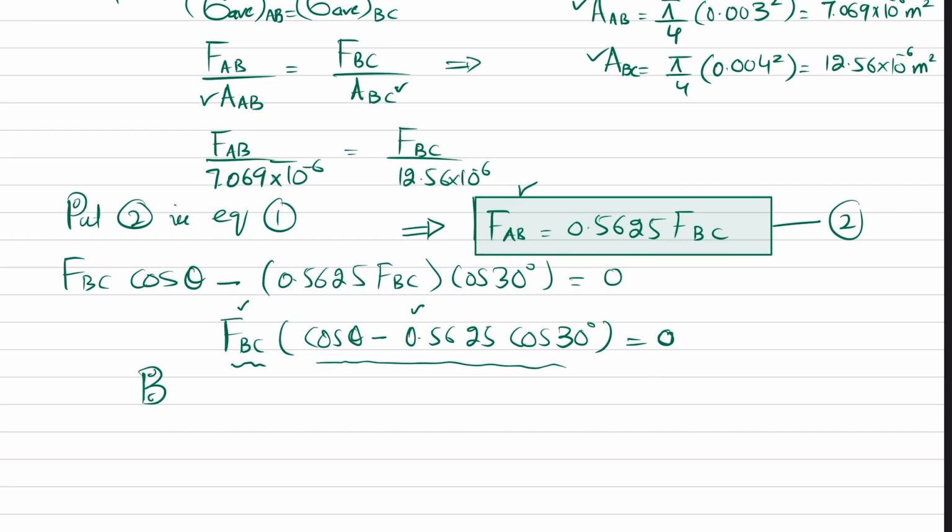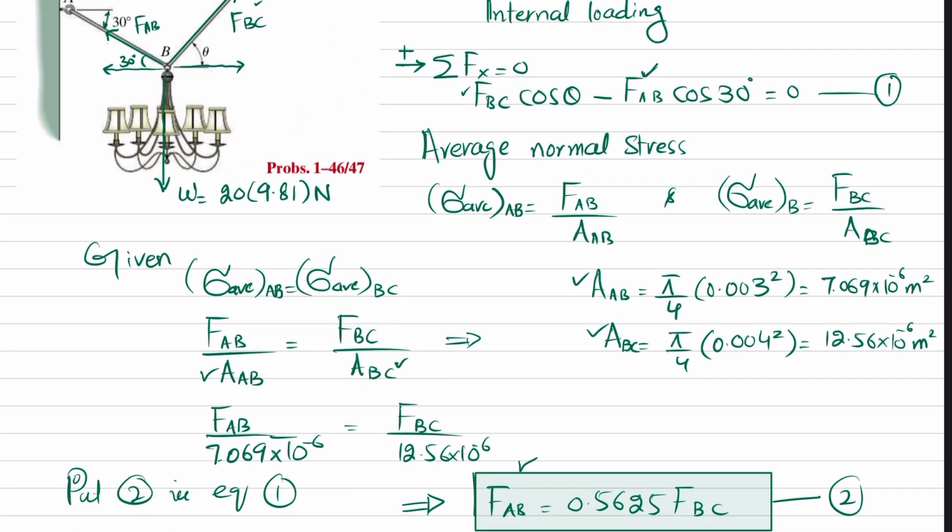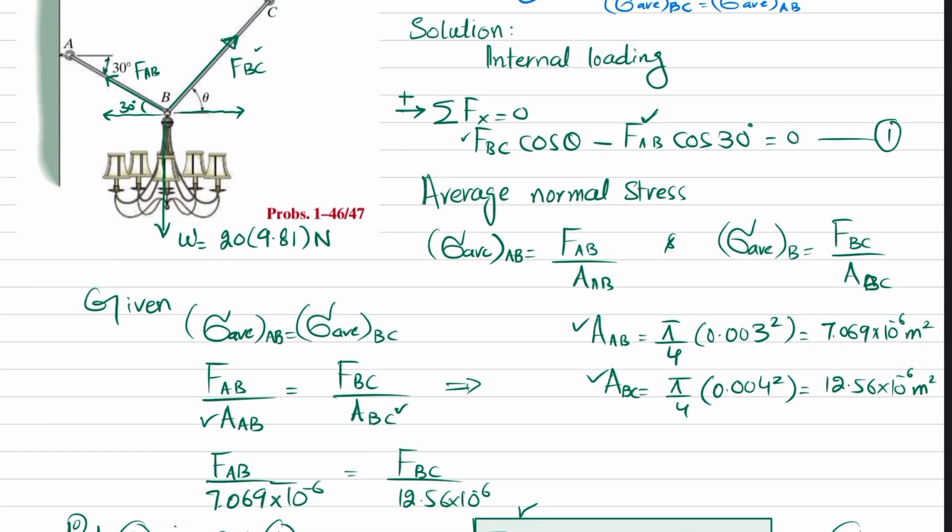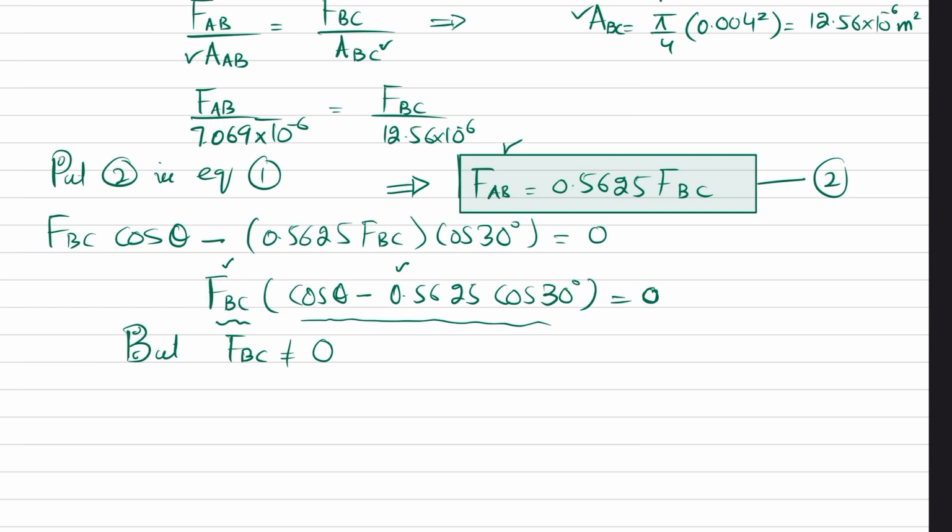But we know FBC is not equal to 0 because this rope will have a certain force. Therefore cos theta minus 0.5625 cos 30 degrees is equal to 0.